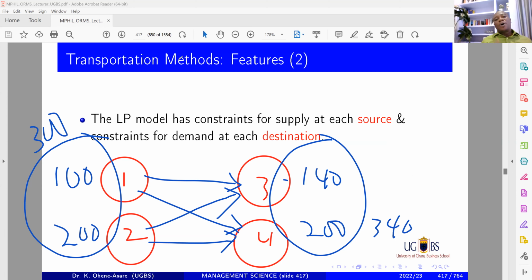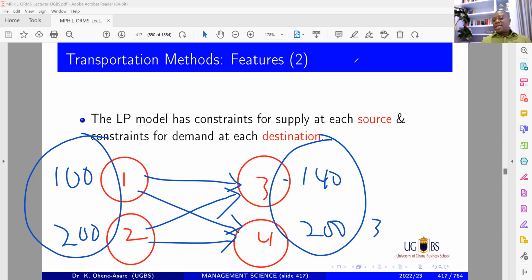So in this case, we have an unbalanced transportation model or problem. In this unbalanced transportation problem, because the total supply is less than the total demand, one of them is going to have the inequality. The other will not have the inequality. We'll come back to that and I will explain all of that to you.